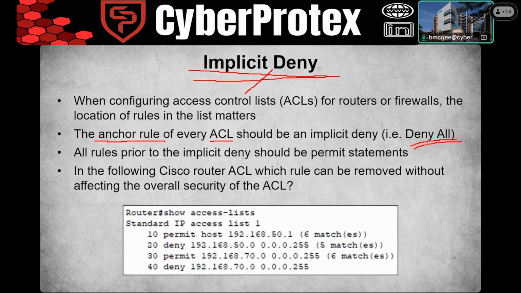Why should we implicitly deny all as a baseline? What do you think? Yes, it enforces the principle of least privilege.